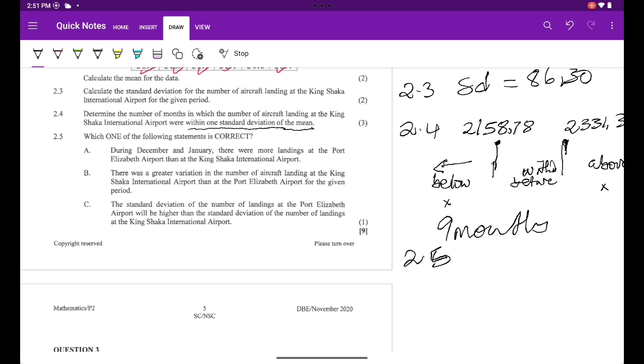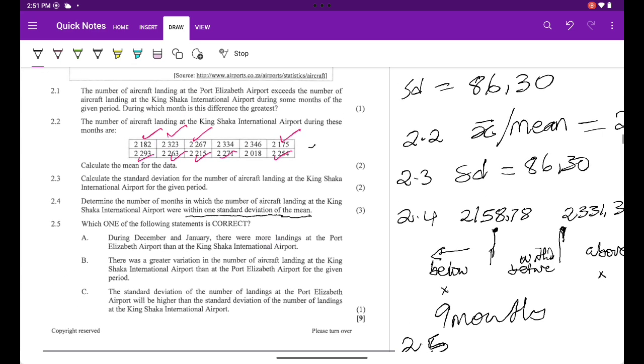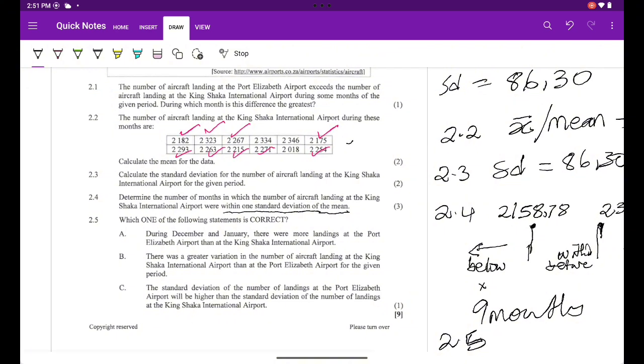Let's see which one of the following statements is correct. During December and January, there were more landings at the Port Elizabeth Airport than at the King Shaka International Airport. We simply check whether the statement is true because they want the one that is correct.